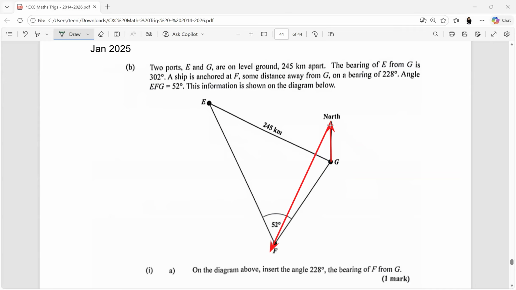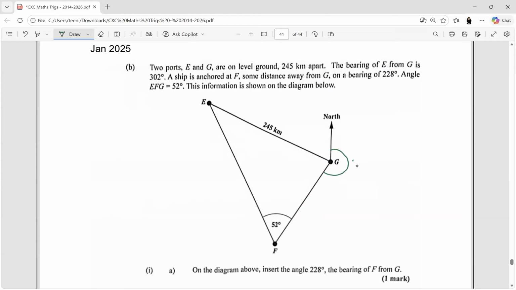So you're at G and you're opening all the way to F, and your bearing is that clockwise angle on the outside here. That is your angle. So that's your bearing, and we're going to label this angle 228 degrees because that's the bearing of F from G.